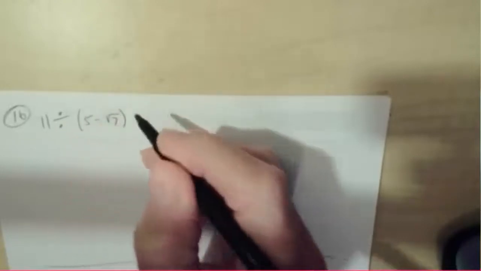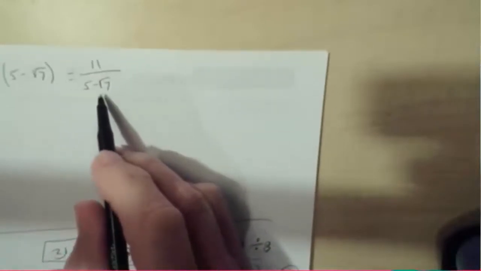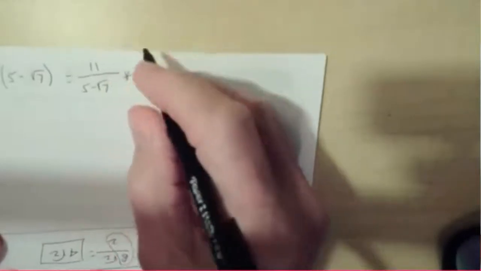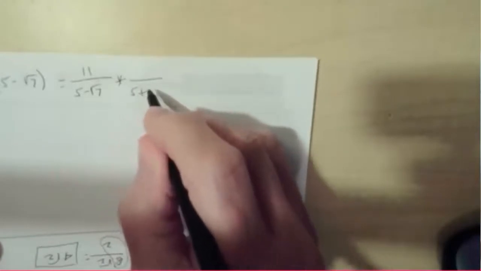Okay, so this is 11 over 5 minus square root 7. So how do we get rid of this? We have to use the conjugate. So we're going to multiply this by, what's the conjugate of this? 5 plus the square root of 7.